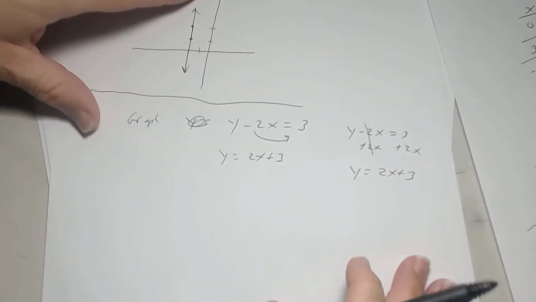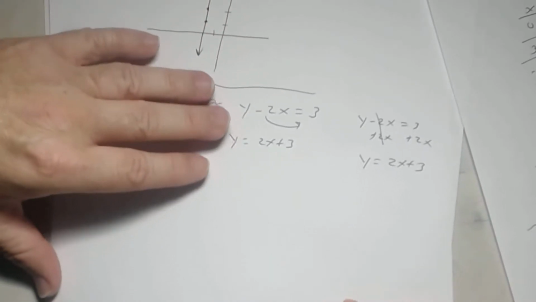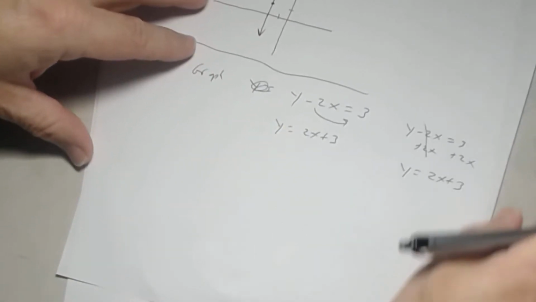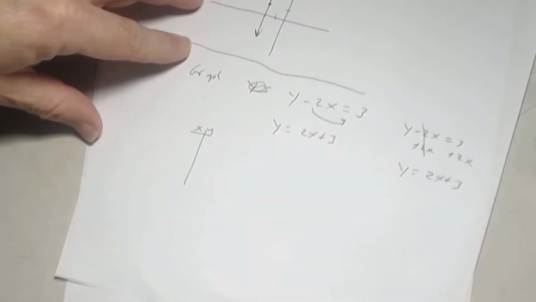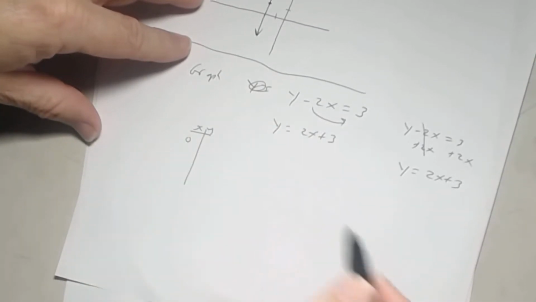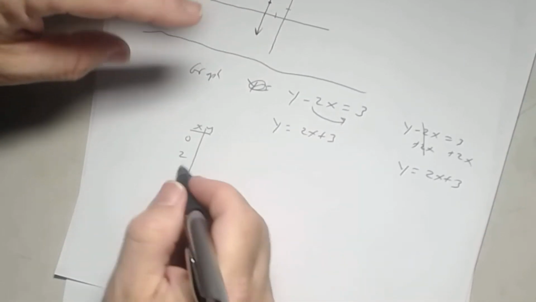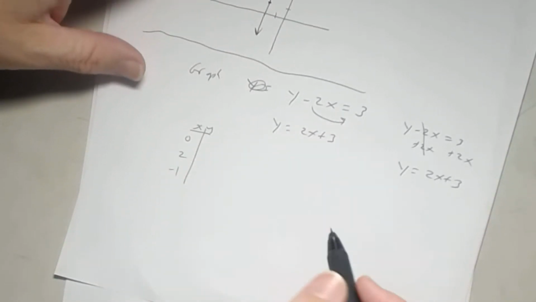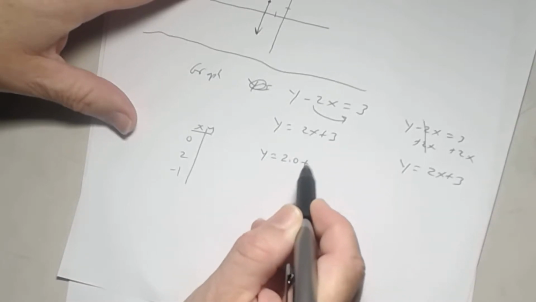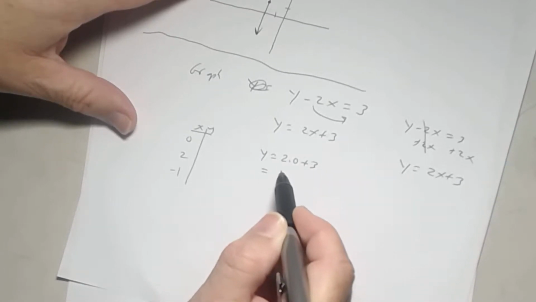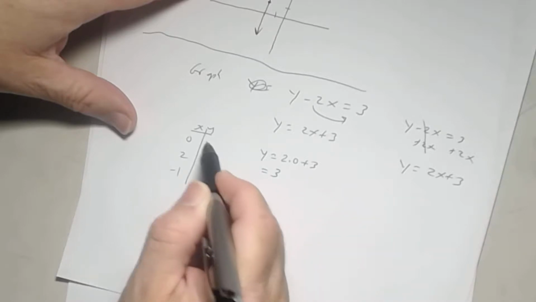All right, so now use the t-table. So give me a number for x. 0? Okay, you can use 2, 0, 2. Let's do -1 also. So if x is 0, I get y equals 2 times 0 plus 3, which is y equals 3.